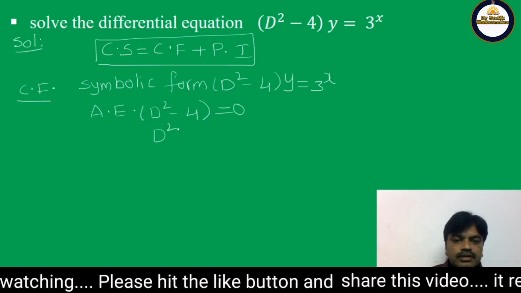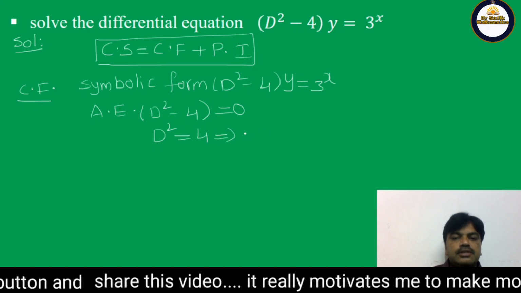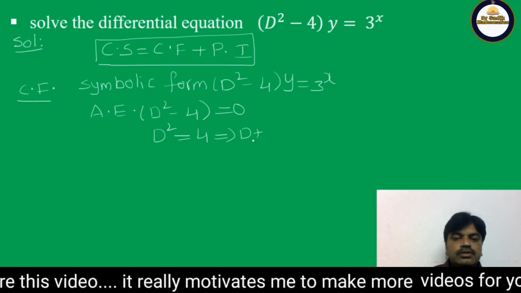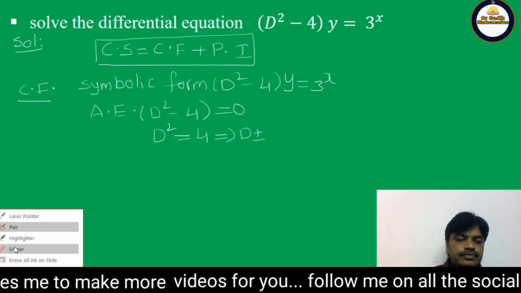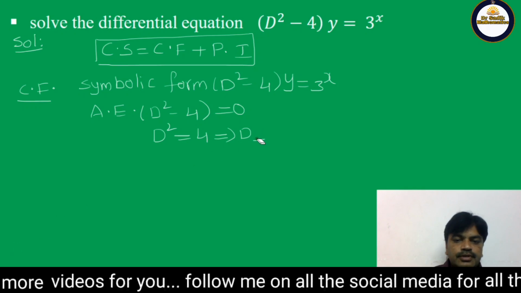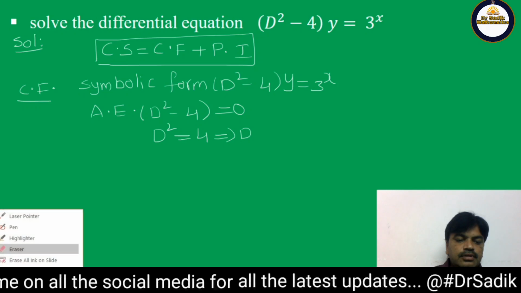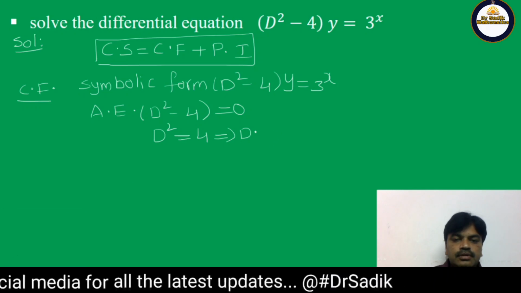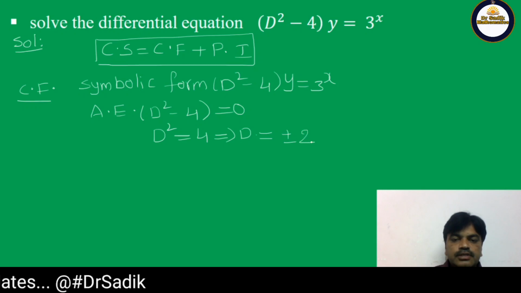Simply here D square is equal to 4, friends. So D is equal to plus or minus 2, friends.